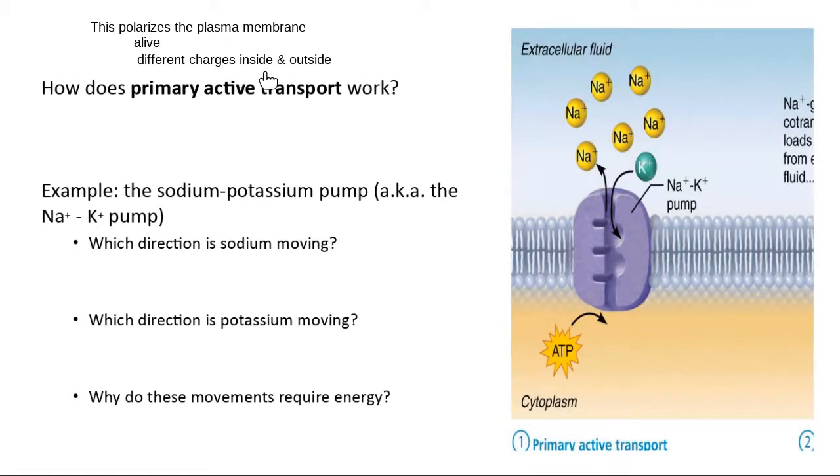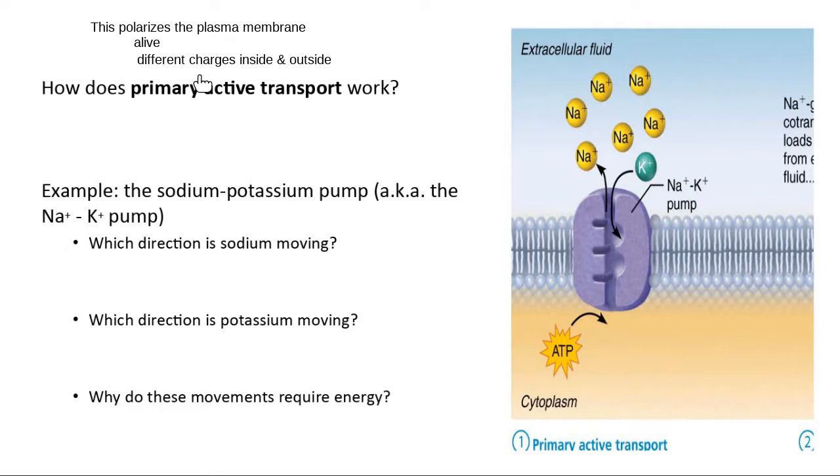We want to have different charges inside and outside. In that way, we are balanced, if you will. So we need to be different inside versus outside to keep us alive, to allow us, when we think about neurons, to talk to each other, to allow us to do some of these types of transport processes. We have to be polarized. We have to be different inside compared to outside.